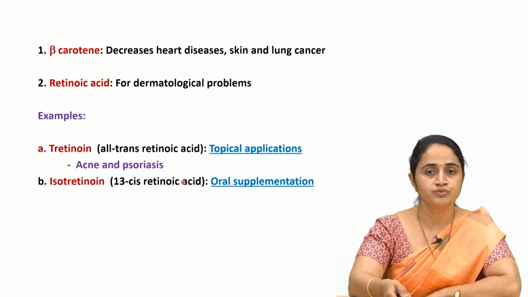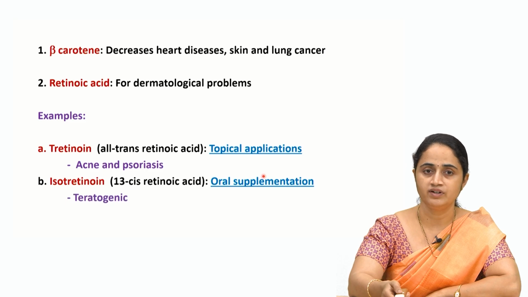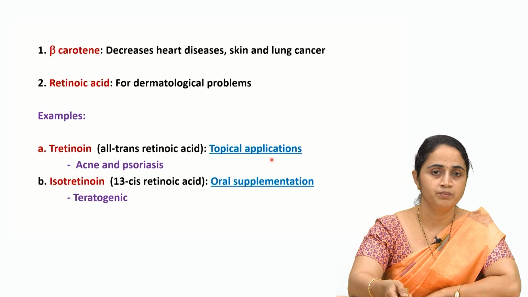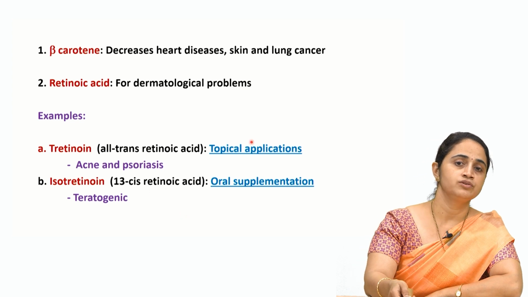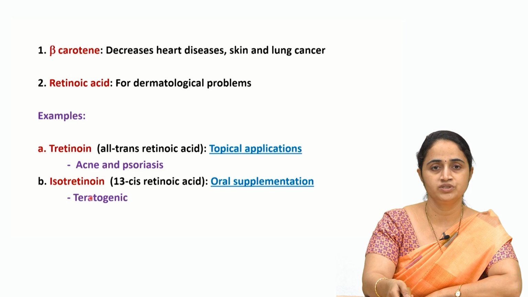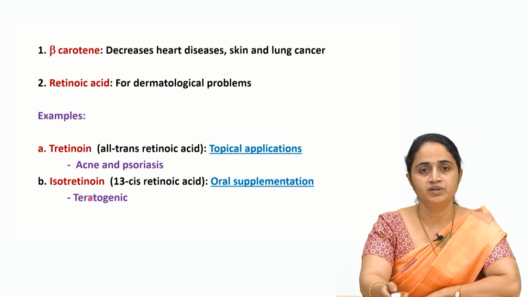It can be used as an oral supplementation, but it has teratogenic activity. So, this is used with caution. Tretinoin is used only for topical application for the treatment of acne and psoriasis. Overconsumption of the synthetic form of vitamin A through oral supplementation in the form of isotretinoin can be teratogenic also. So, these are the therapeutic applications of vitamin A.